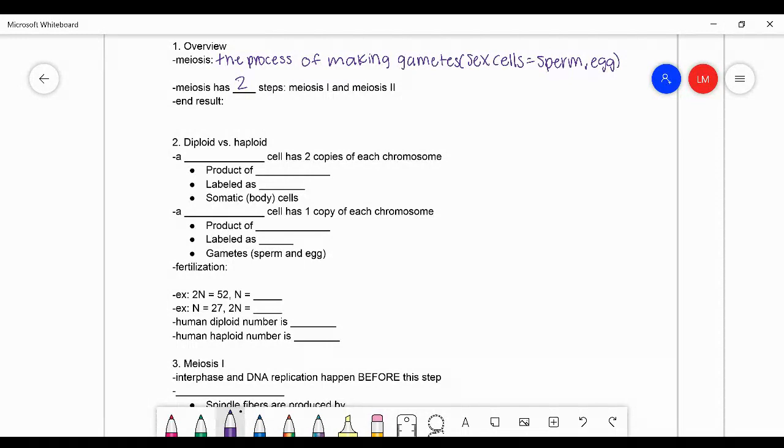The end result of meiosis is 4 genetically different cells with half the number of chromosomes.